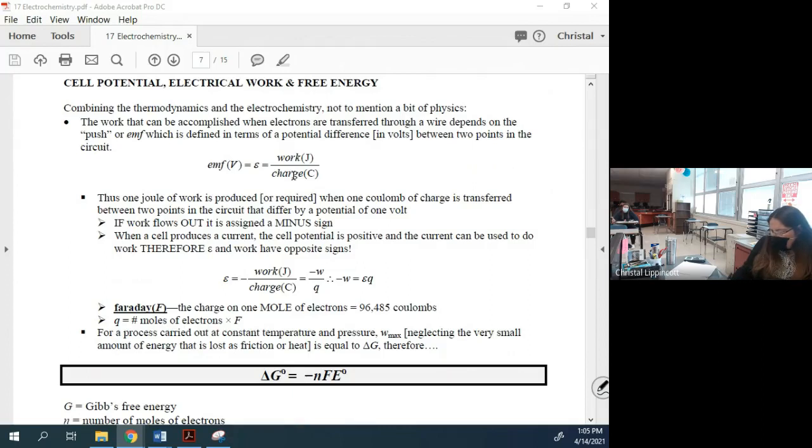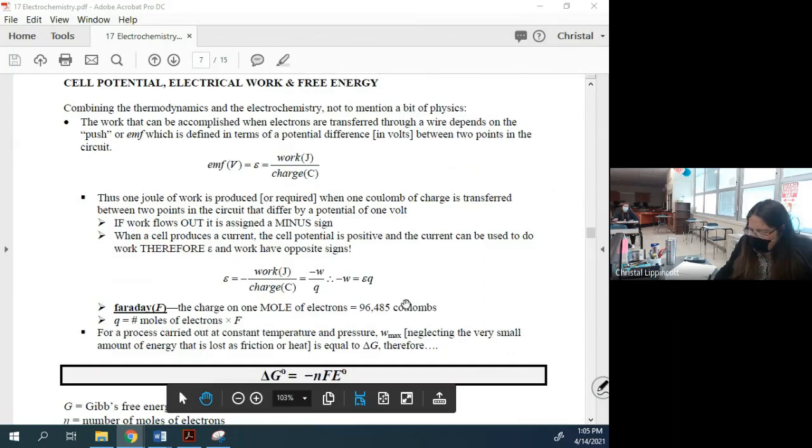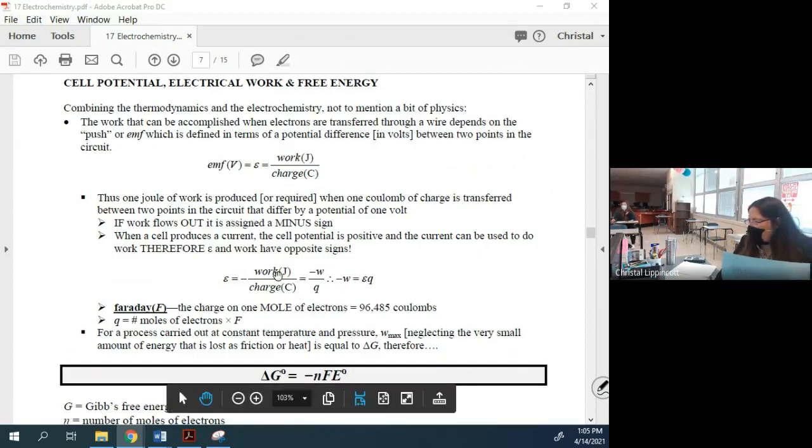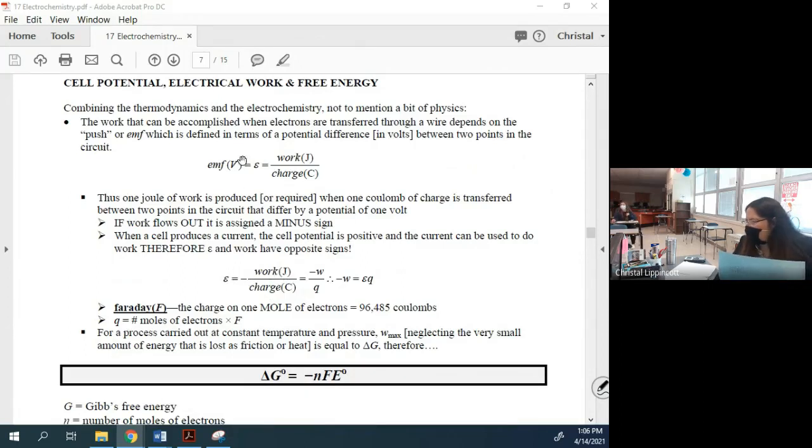Now they don't have that exactly on your sheet, but the very last thing in the corner here is that they have 1 volt equals 1 joule over 1 coulomb. And if you look here, you can see this guy is measured in volts, and these are joules and coulombs. So they just have it with units instead of the words work and charge and EMF. So that's on your formula sheet.